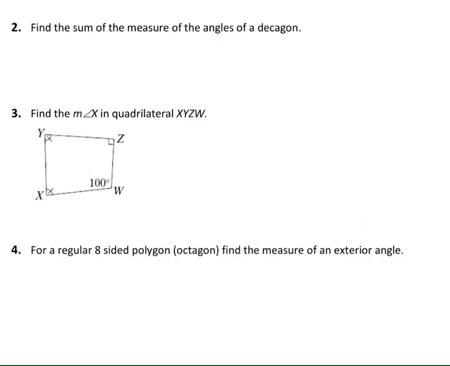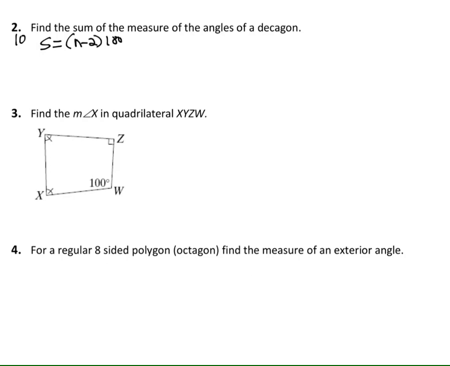So let's look at example number 2. It says find the sum of the measure of the angles of a decagon. If you were to look it up, deca means 10 sides. In order to find the sum of the angles, all I have to do is use the formula S is equal to the number of sides minus 2, multiplied by 180.